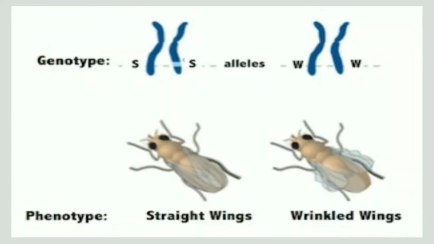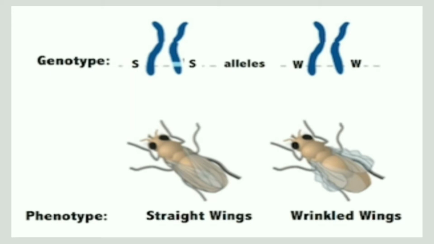Let us take an example to explain the definition of genotype and phenotype. So as we discussed earlier, phenotype is the observable trait. So in this example, let us say that phenotype is the straight wing or the wrinkled wing. So in the case of the fly, if the straight wings is present, it is having a genotype which is small s and small s.